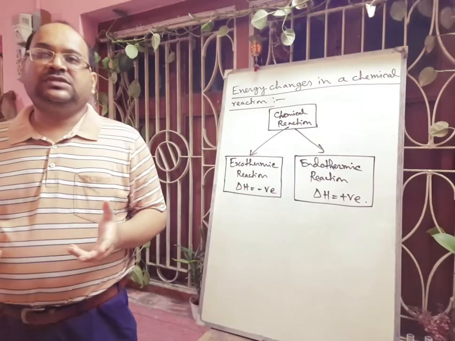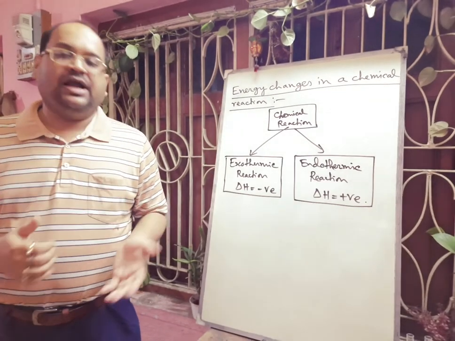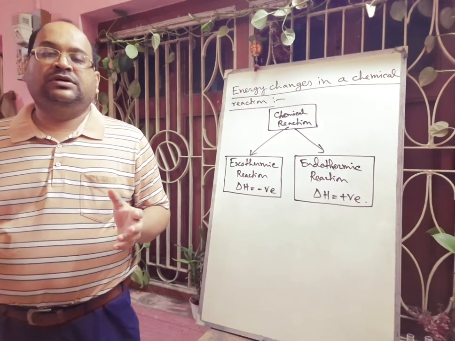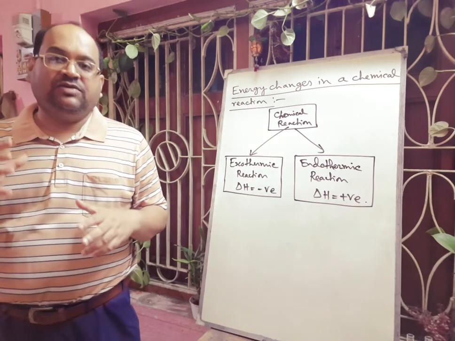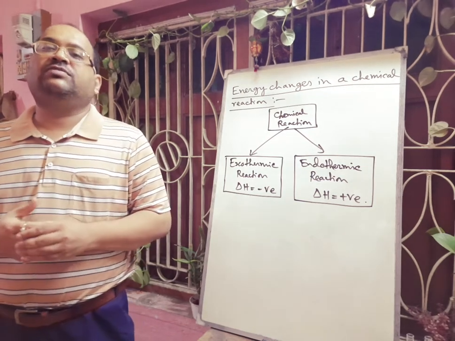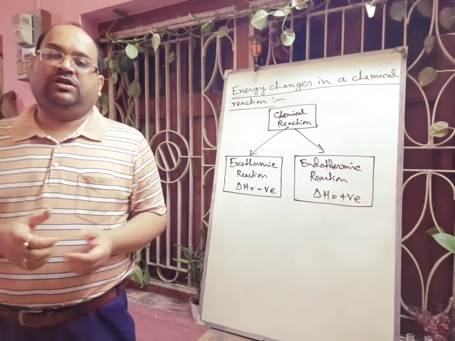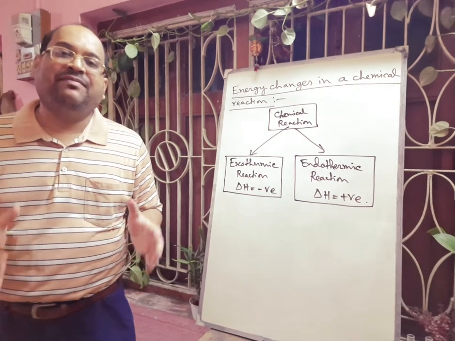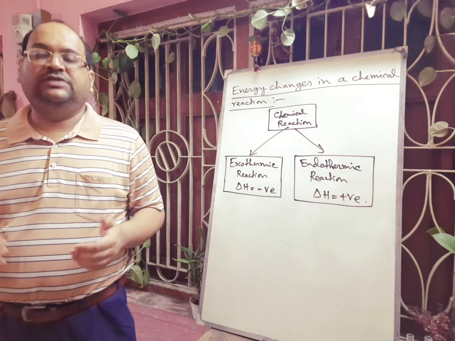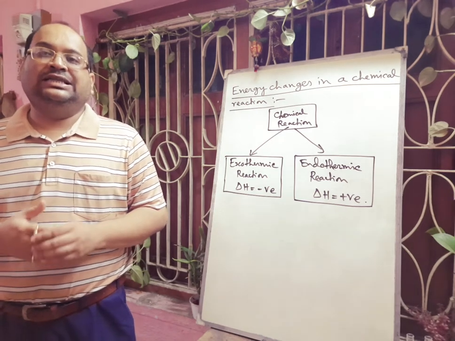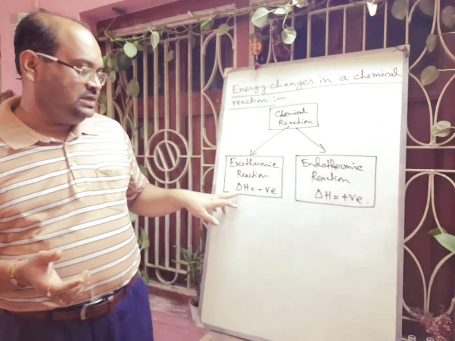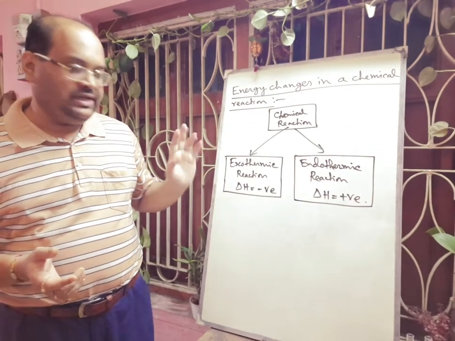The energy required to break the bonds present in a particular molecule is not always equal to the energy released due to the formation of bonds in product molecules. Hence some energy is either released or absorbed during a chemical reaction, and this is generally represented by capital delta H.